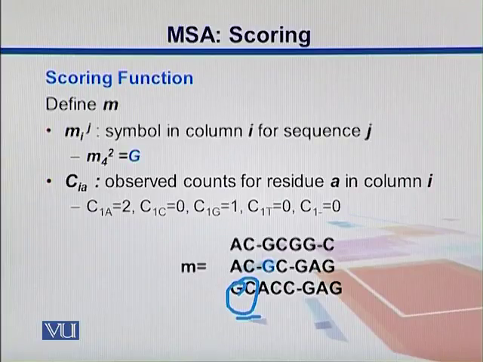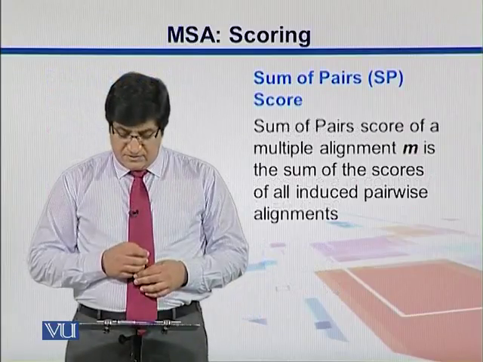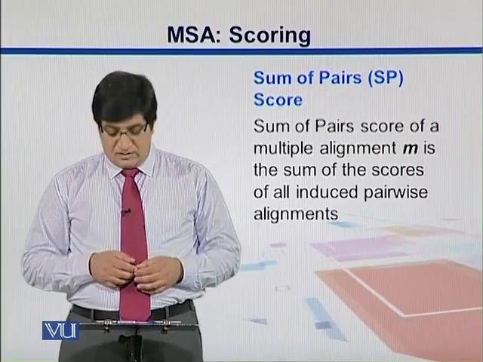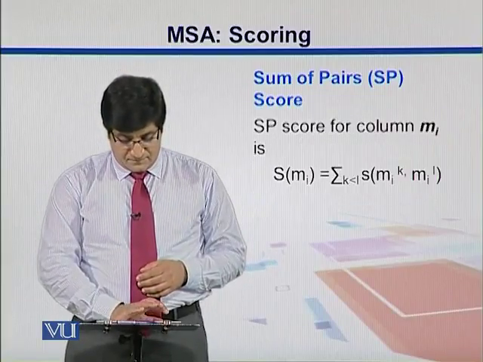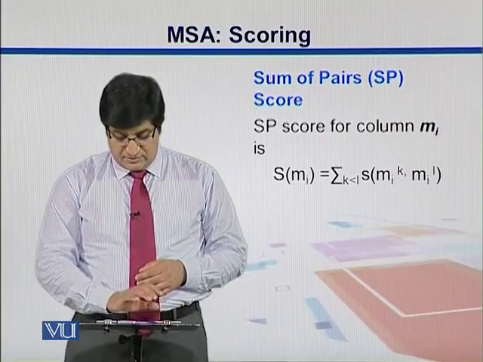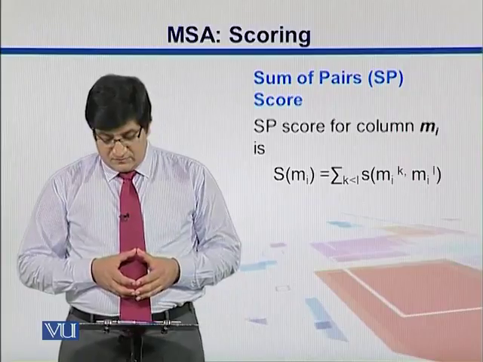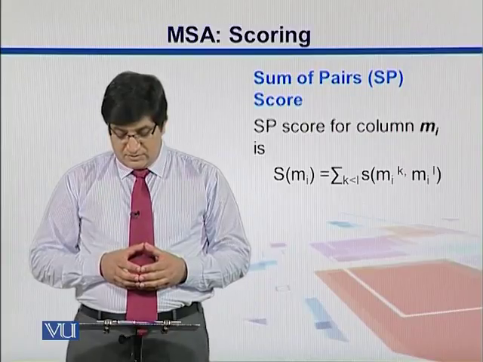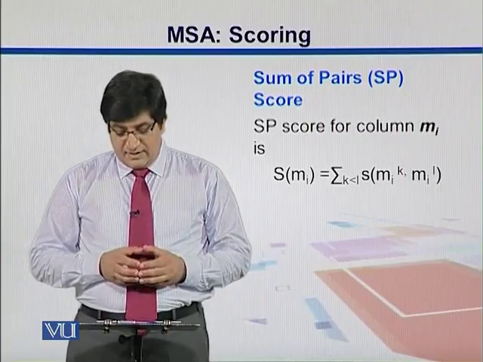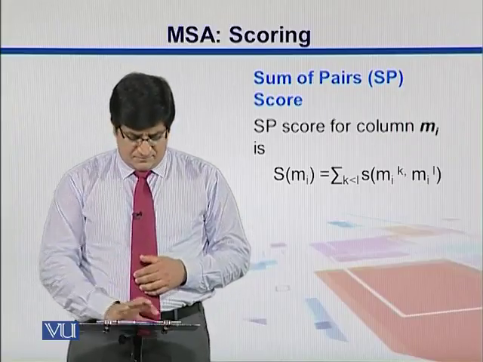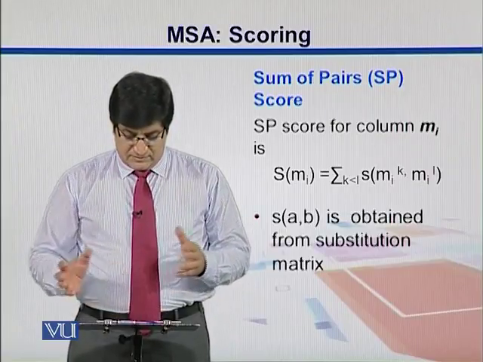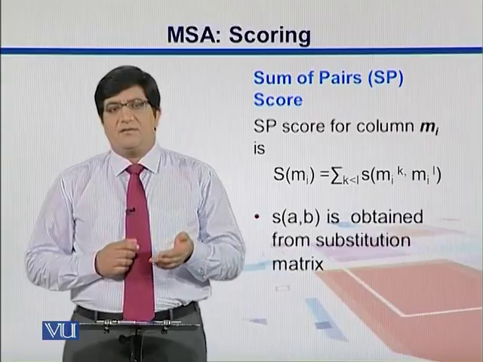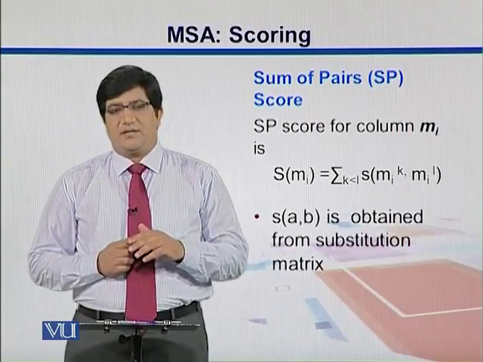In this way we can observe the counts for the different residues or nucleotides in each column. So let's go back to the sum of pair scores of a multiple sequence alignment M. That is the sum of the scores for all individual pairwise alignments, and the sum of pair score for column I is given by this relation, where SMI is the summation over S for K and L, where K is less than L. This score is for each pair that is compared, A and B, where A may be the first nucleotide in the first sequence and B the first nucleotide in the second sequence.